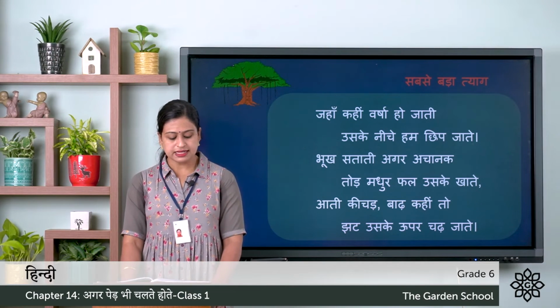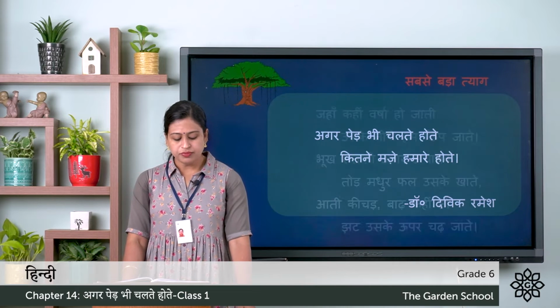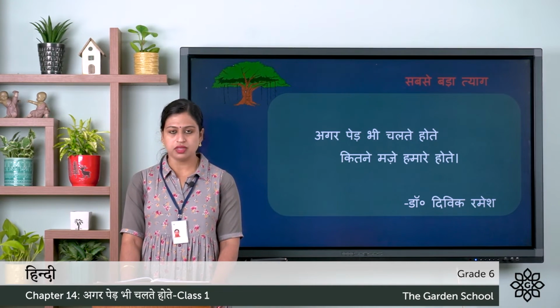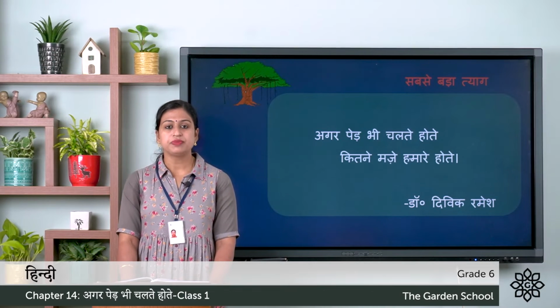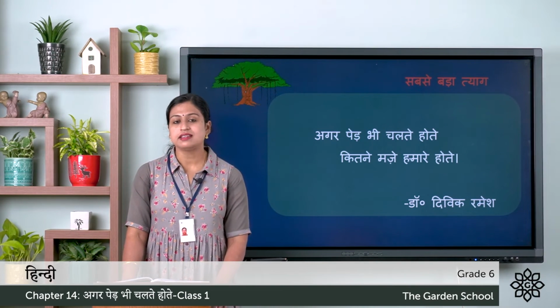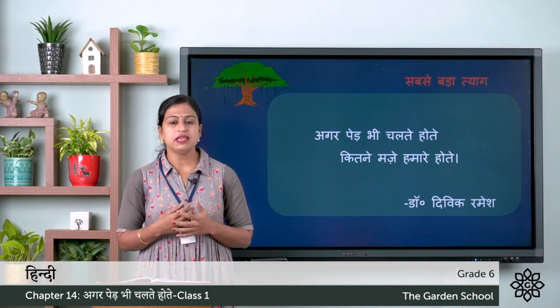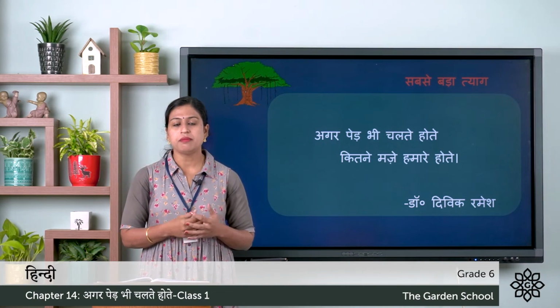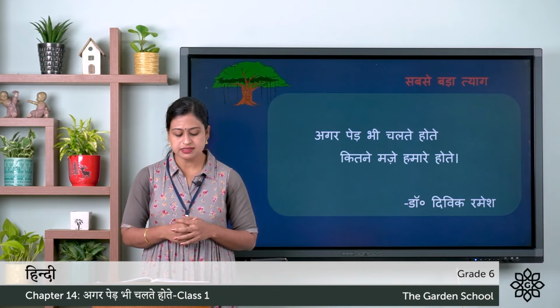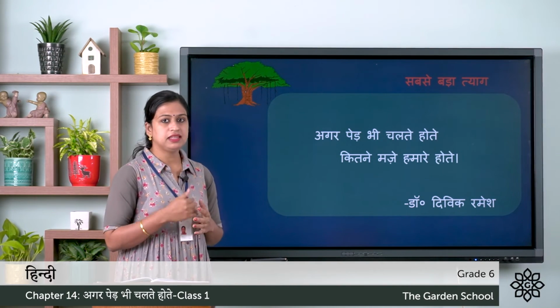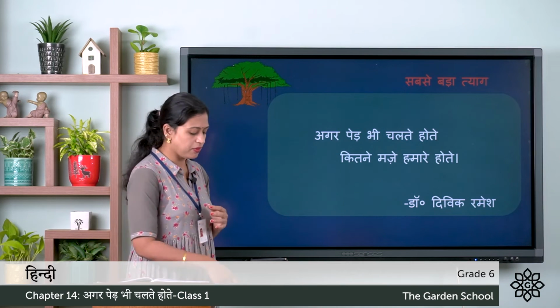Next line, अगर पेड़ भी चलते होते कितने मज़े हमारे होते. So the poet says that it would have been really nice if the trees were able to move. So this poem is an imaginative poem by the poet whose name is Dr. Divik Ramesh. So we have completed the explanation part of this poem.